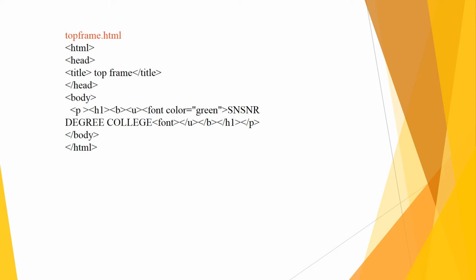First one, I am displaying the college name, SNSNR Degree College. Font color I have given green, and I have used U for underline, B for bold, H1 for heading, and P for paragraph.